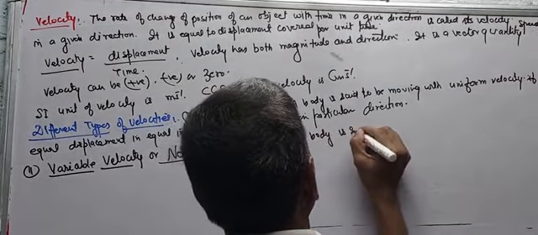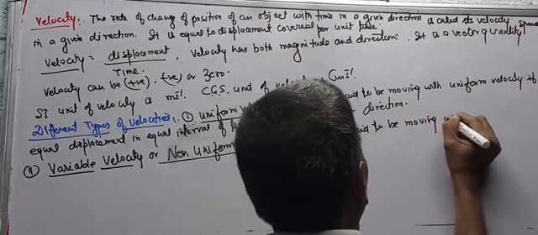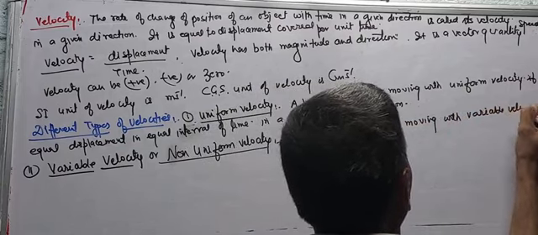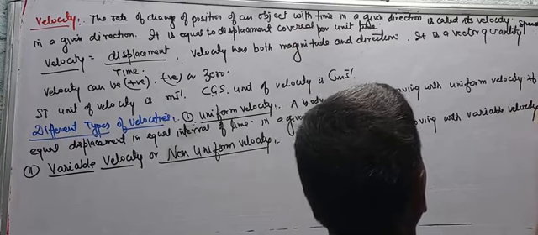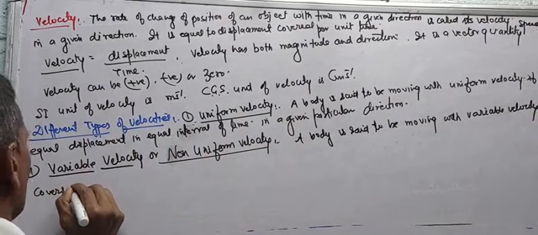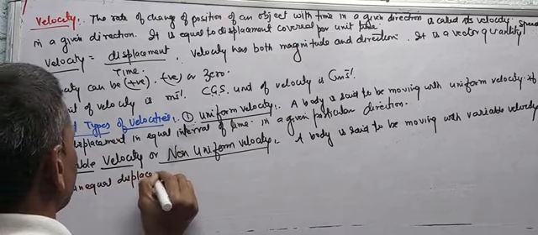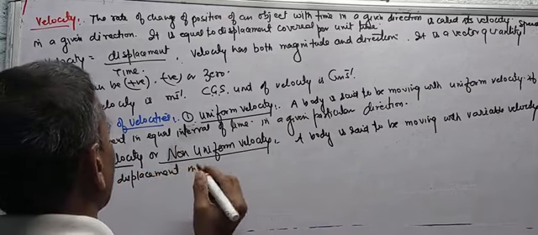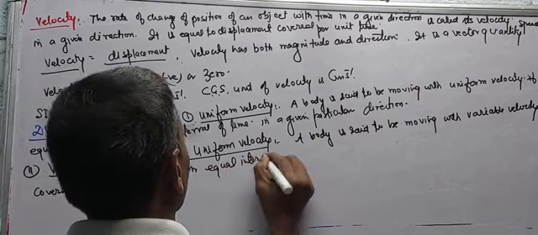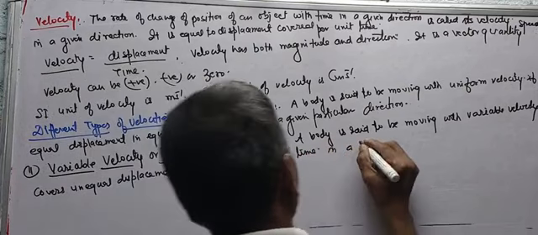A body is said to be moving with variable velocity if it covers unequal displacement in equal intervals of time in a particular direction.